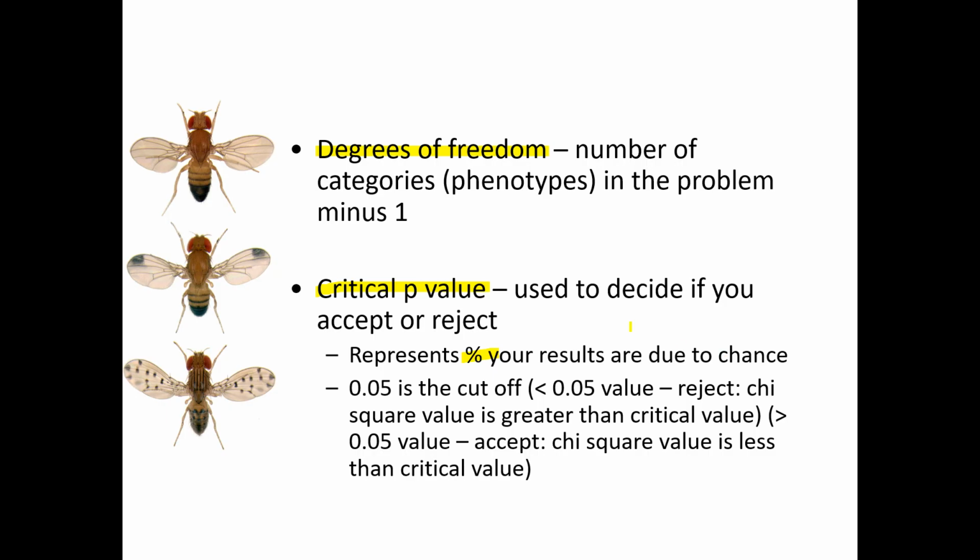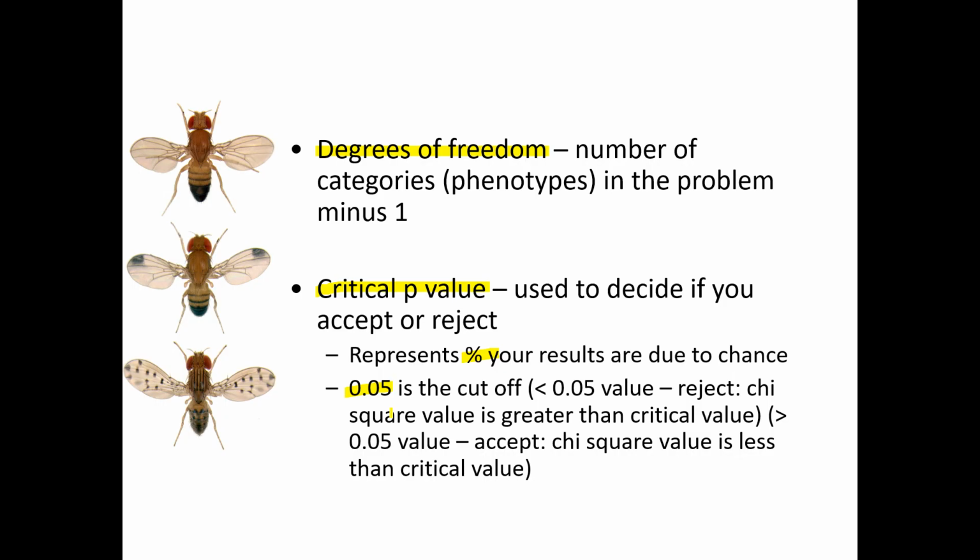If it's a really, really low percentage that's due to chance, that is when we're going to reject. The cutoff is always 0.05, which means 5%. So if we would expect results like that 5% of the time or greater, we're going to accept. If we would expect those results less than 5% of the time, then we're going to reject.